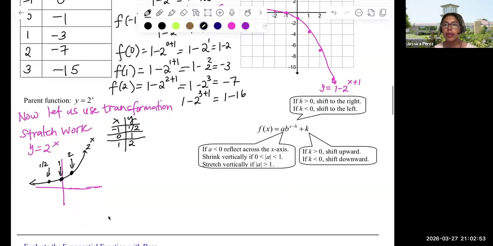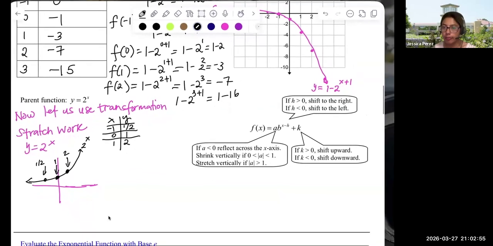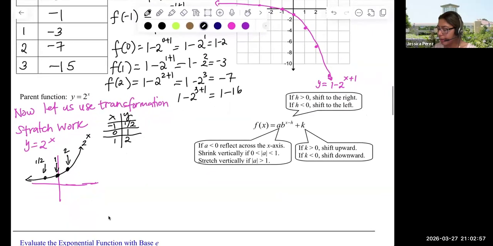Now I have a negative in there. Instead of having y equal 2 to the x, I have y equal -2 to the x. This means that you are going to reflect across the x-axis.